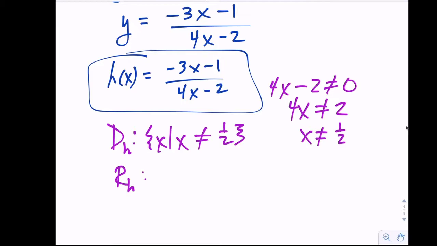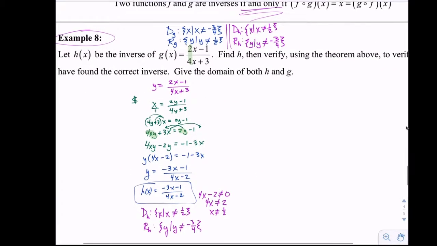So it's going to have every y value except the y value of the horizontal asymptote. Where's the horizontal asymptote on this one? -3/4, leading coefficient over leading coefficient. So it's the set of all y's such that y is not equal to -3/4. Is that what we got above? I sure hope so. It is.